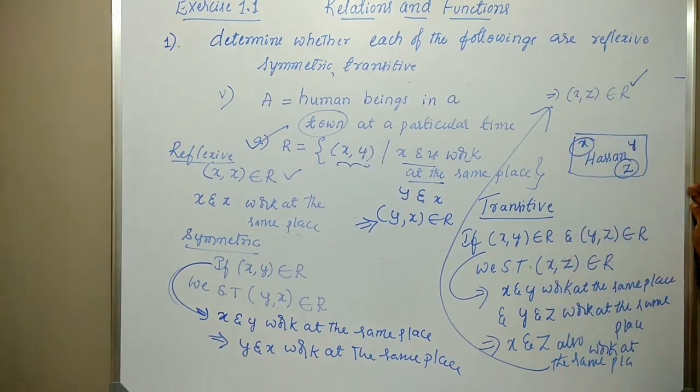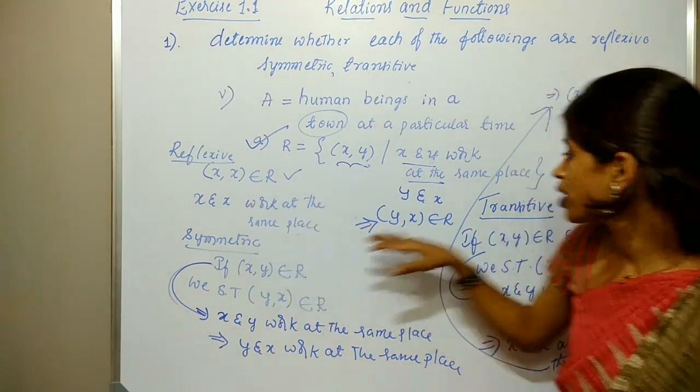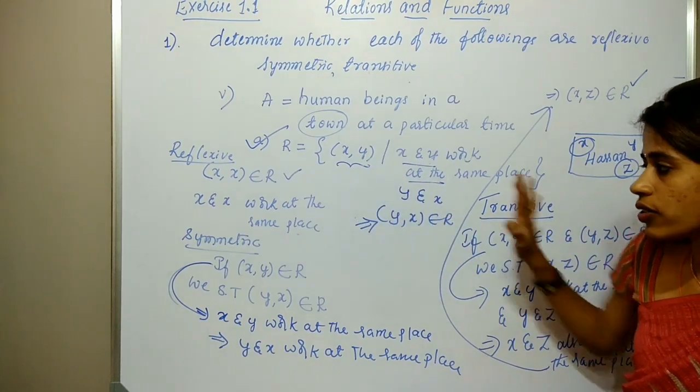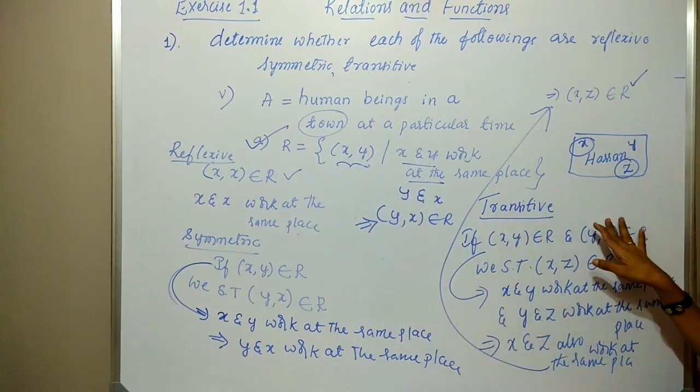Is it okay? So this is about reflexive, symmetric, transitive for this relation. It clearly satisfies all the three, reflexive, symmetric as well as transitive.